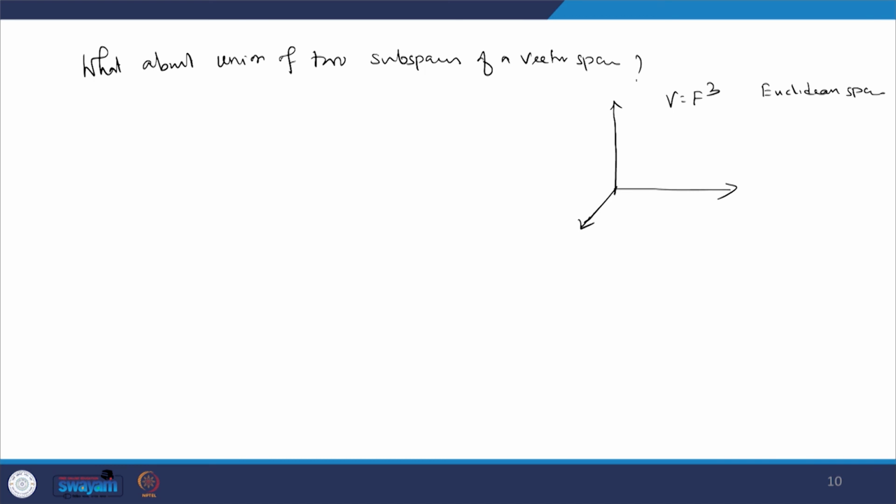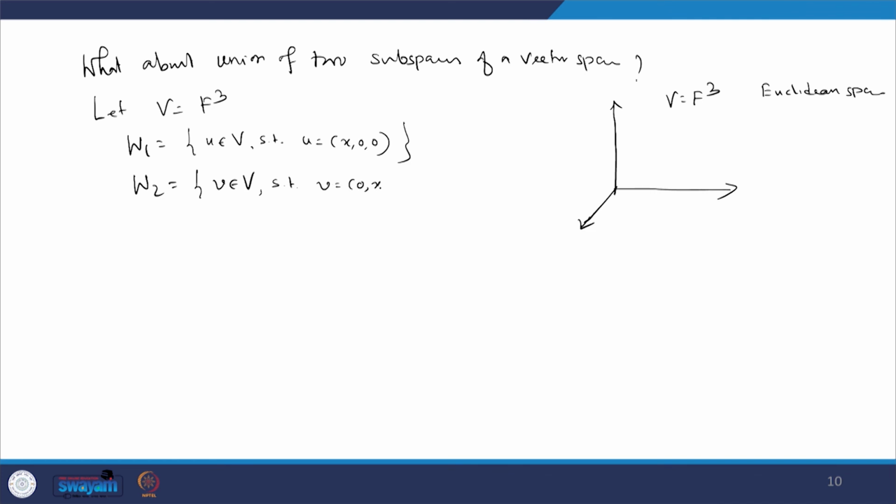Let V equal F3, and W1 equal to the collection of all points u belonging to V such that u is of the form x comma 0 comma 0, and W2 equal to the set of all v belonging to V such that v is of the form 0 comma x comma 0.